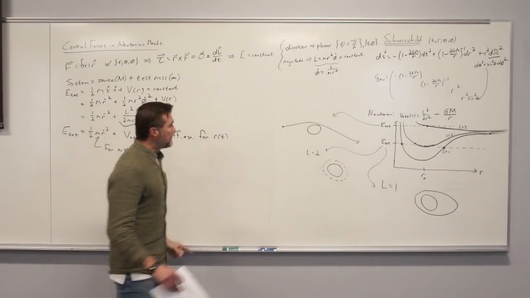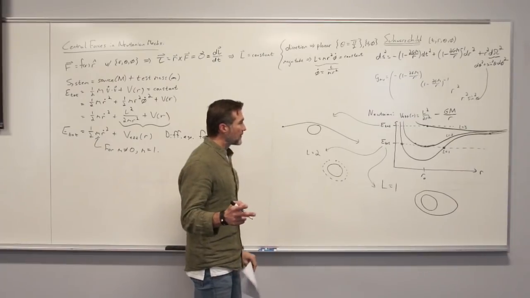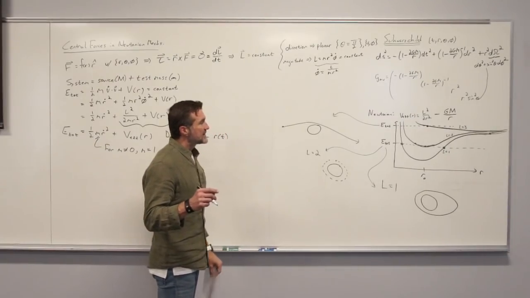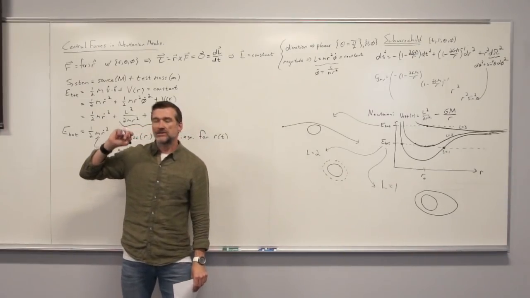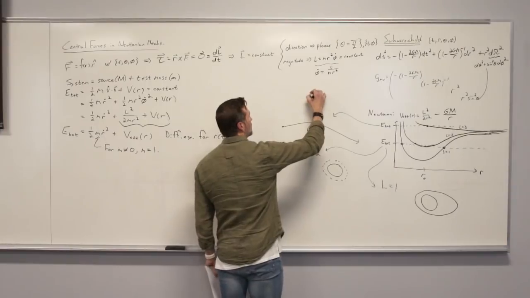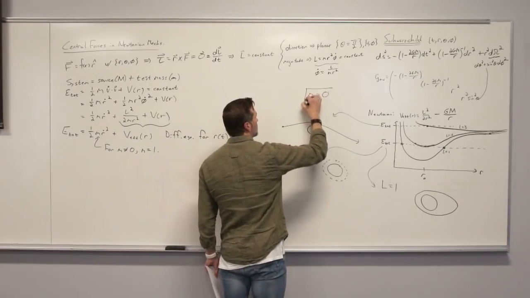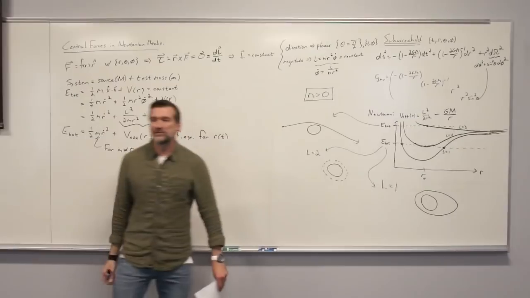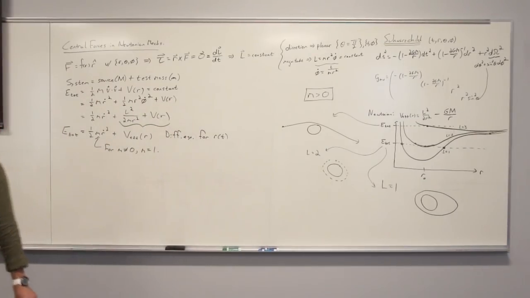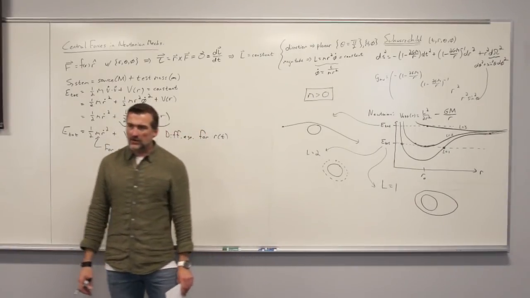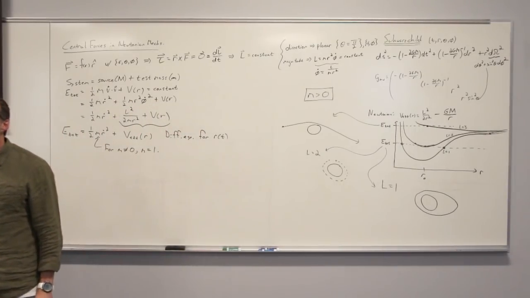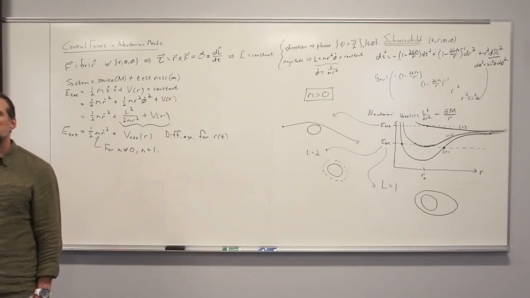All right. The second comment I want to make is that in this analysis, everything was assuming that m is greater than 0. That is, we're assuming that the object that's moving around this gravitating source has a positive mass. What does the story look like if the mass of the object is 0? What kind of trajectories do we get?